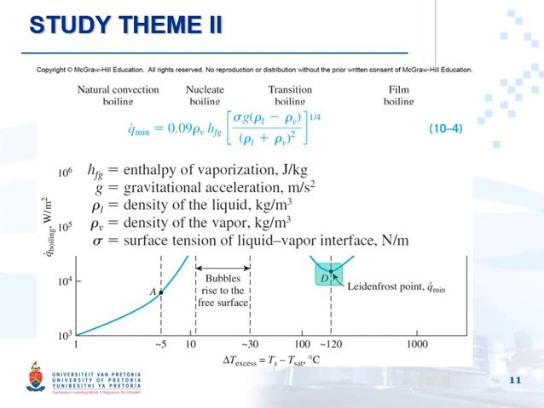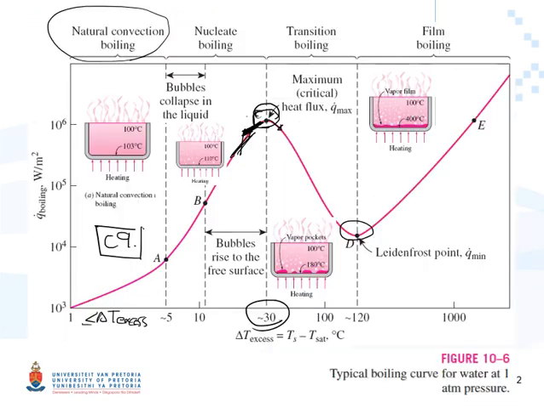So we go to the table, read those numbers, put them in the correlation, and find the minimum point. But you might ask, what will happen between point D and point C? Basically, we have point C from Q dot max and Q dot minimum at the Leidenfrost point, and we can assume that it's a line between these two points. So if something is in the middle, we can do interpolation.